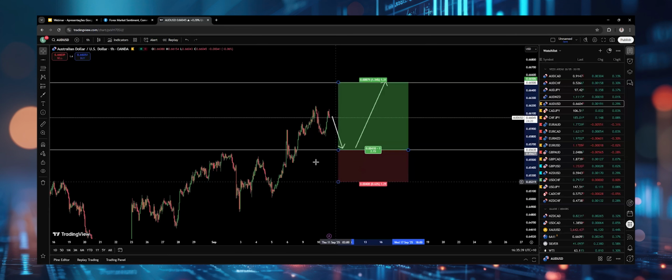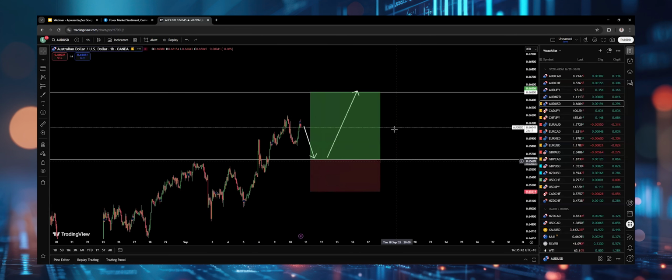So that's the first trade: long Aussie against the US dollar, in my opinion. It's a pretty good trade, especially because the US dollar is weak, and we can probably see it weakening even further in the short term. As I said, we're going to have the PPI tonight, the producer price index for the US.